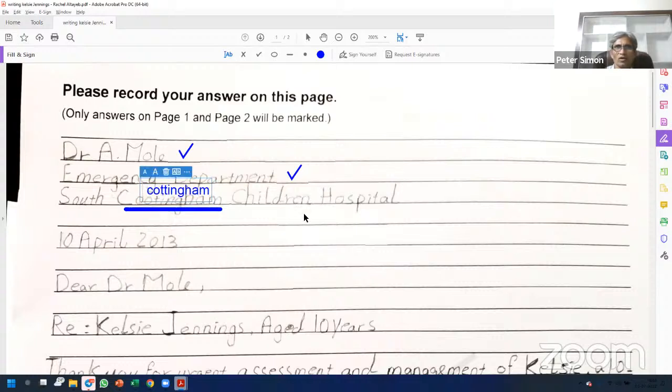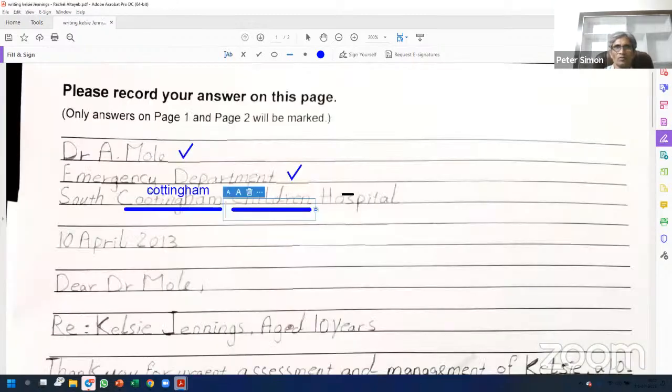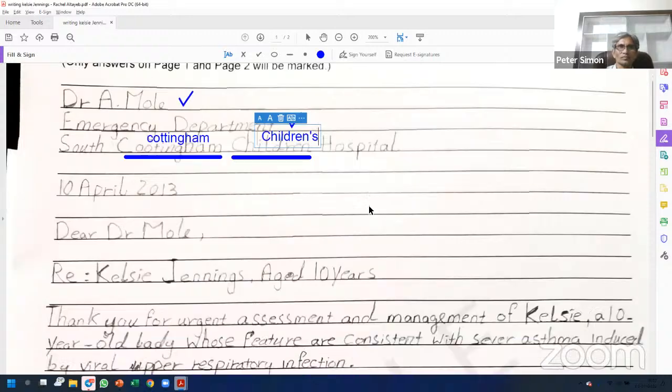And it is not Childrens Hospital; it is Children's Hospital. You have to see very carefully what is given. CHILDREN apostrophe S, that is what is right.